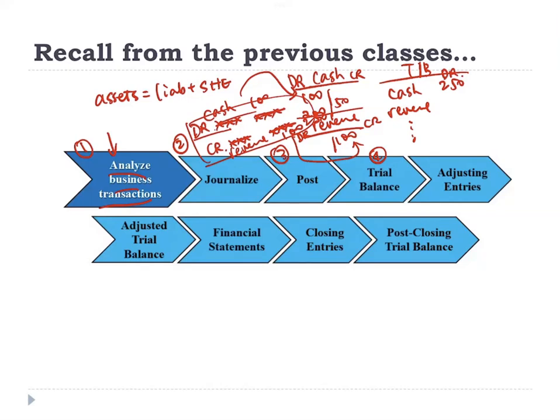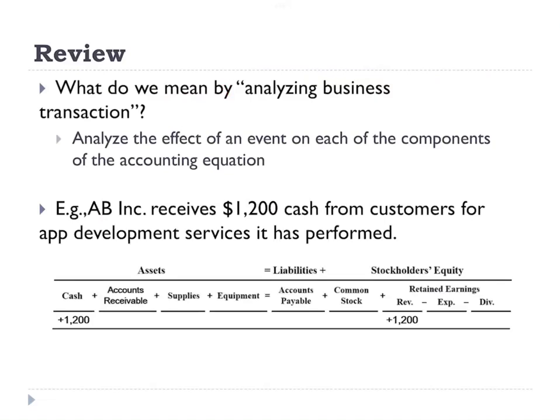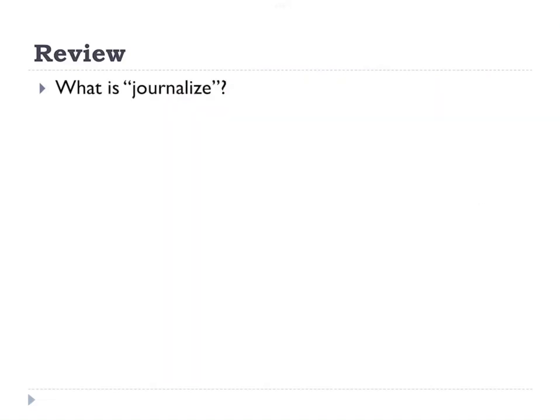In today's class, we're going to talk about adjusting entries, the adjusted trial balance, and financial statements, which are basically steps 5, 6, and 7. So this is a brief review of what we already talked about.